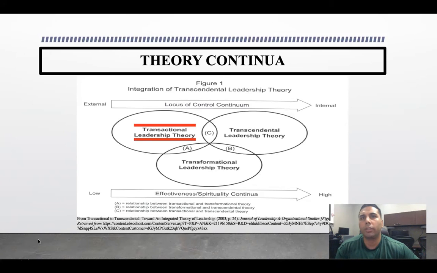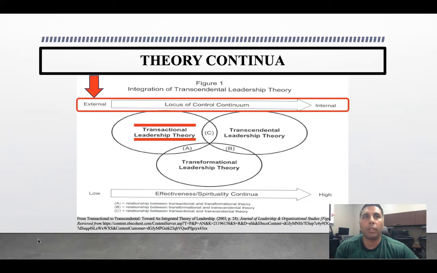If we take a closer look at the upper continuum labeled locus of control continuum, we notice that at one end of the continuum we have external and at the other we have internal. The transactional leadership style is positioned near the external side.